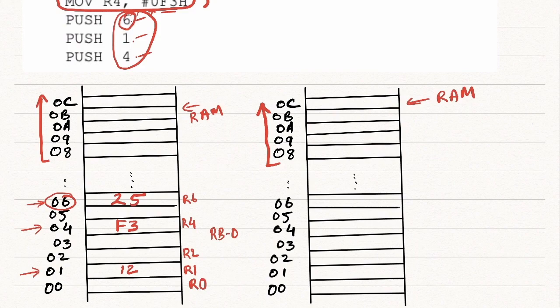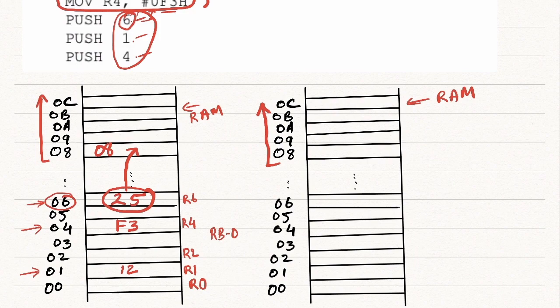So when I say push 6, the content of R6, which is 25, will be pushed to the first stack memory. The 25 will be moving to the 08 location. Why?